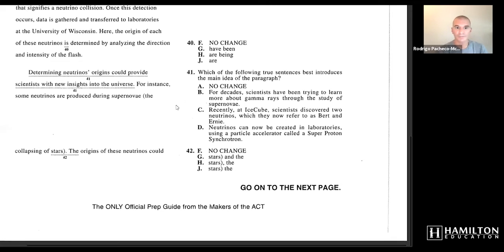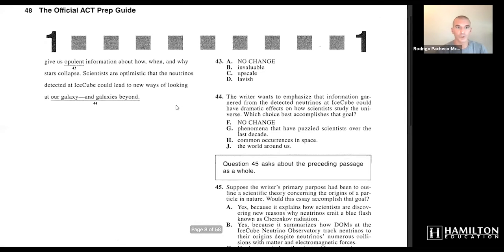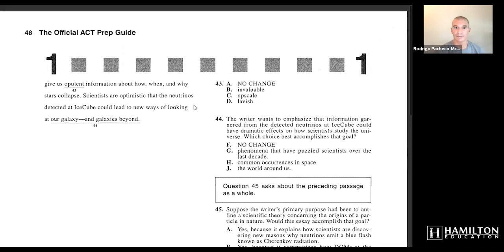The origins of these neutrinos could give us invaluable information about how, when, and why stars collapse. In other words, by studying neutrinos, we can learn about stars collapsing. Scientists are optimistic that the neutrinos detected at IceCube could lead to new ways of looking at our galaxy. In other words, neutrinos can help us understand our galaxy, the universe.